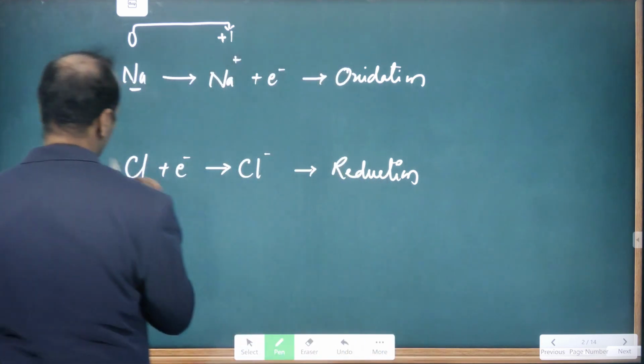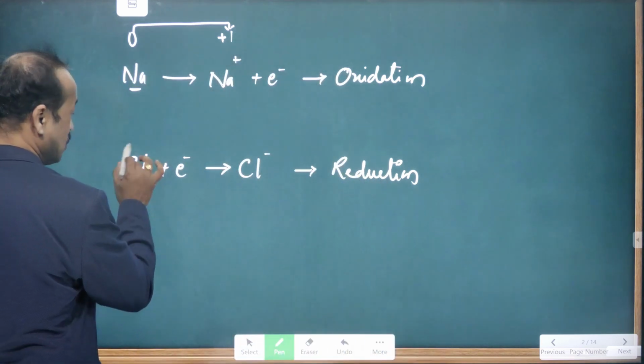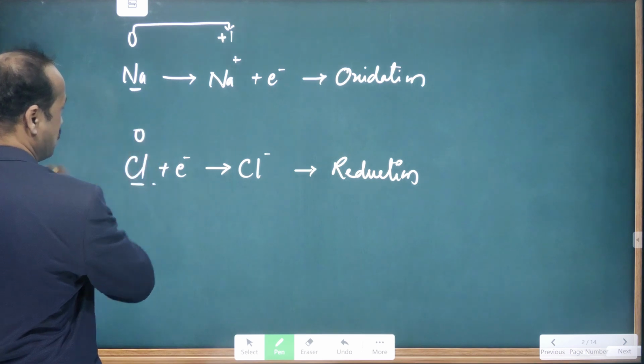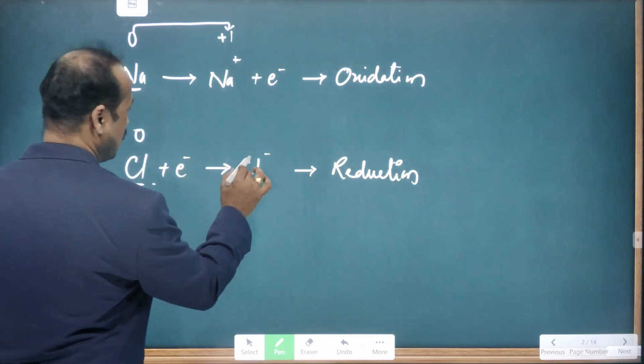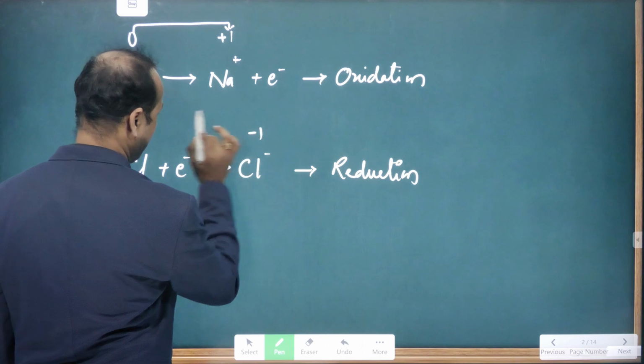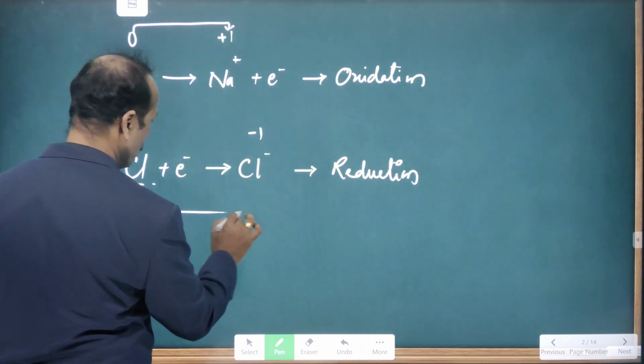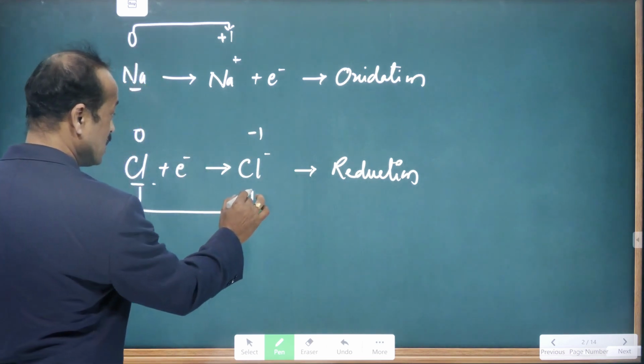Now see chlorine. The individual atom has oxidation number 0. But here, minus means minus 1. So from 0 to minus 1, and minus 1 is less than 0.